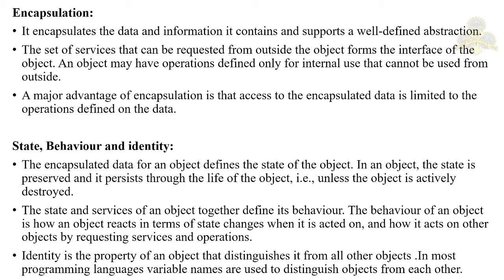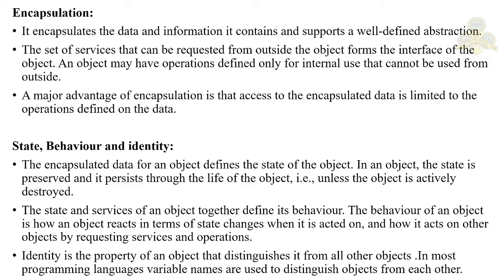An object may have many operations defined only for internal use that cannot be used from the outside. So basically it will restrict the use of data and information. The major advantage of encapsulation is that the encapsulated data is limited to the operations defined on the data.